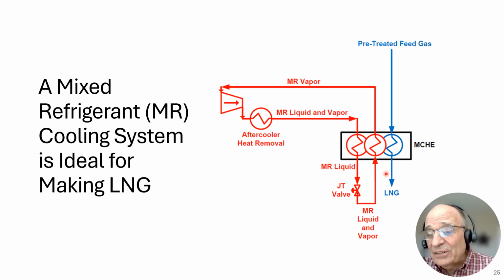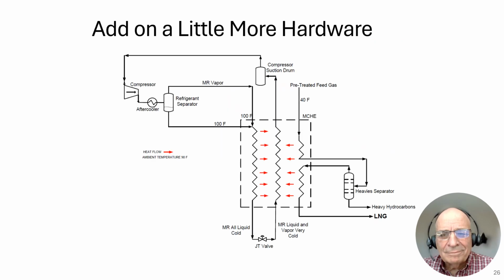Now, still at high pressure, so you go through a JT valve and you separate the LNG to flash gas, getting rid of the flash gas and storing the LNG. Very simplistic process, but it's too simplistic. There's a lot more to an MR system than what's shown here. So let's take it a step further.